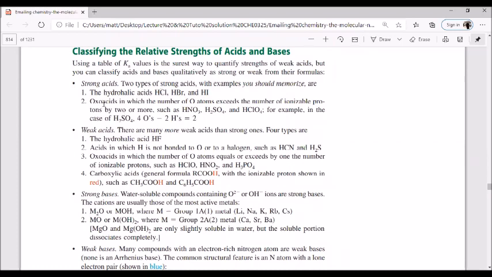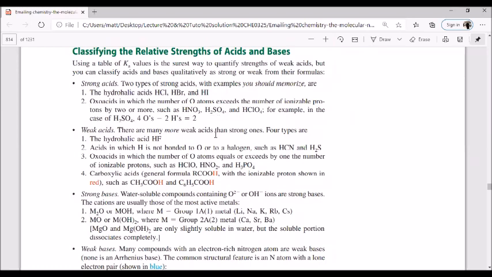For oxo acids, which means the acid contains oxygen, if the number of oxygens exceeds the number of ionizable protons by 2 or more, then it is considered a strong acid. For example, HNO3: 1 hydrogen, 3 oxygens, 3 minus 1 equals 2, so it is considered strong. 4 minus 2 is 2, considered strong. 4 minus 1 equals 3, considered strong.